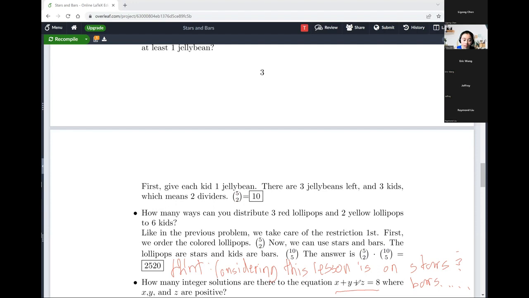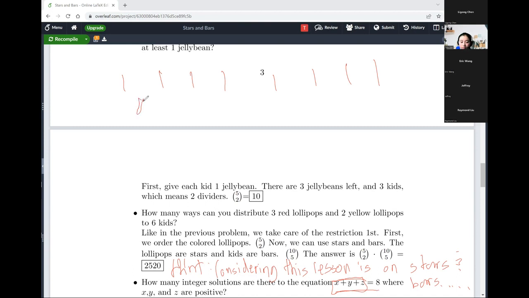And we can separate 8 into 8 ones. So we have 1, 2, 3, 4, 5, 6, 7, 8. And we have 3 categories, or you can consider these being our jelly beans and X, Y, and Z being our football teams or something. Basically, we have 3 objects or 3 categories, and so we need 2 dividers because if you have n objects, you have n minus 1 dividers.